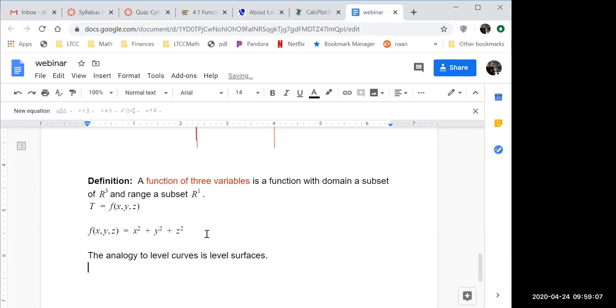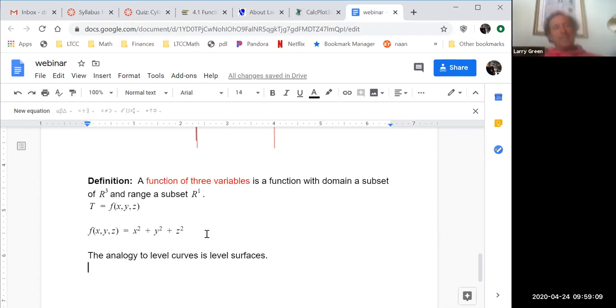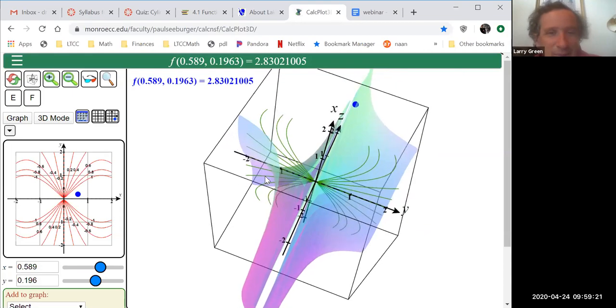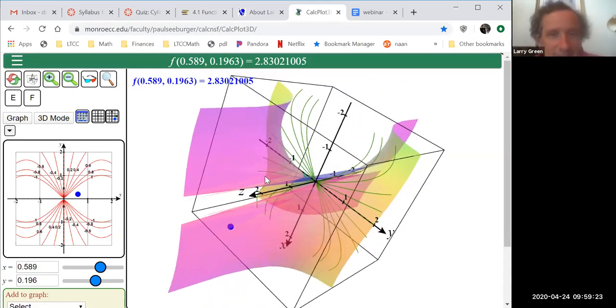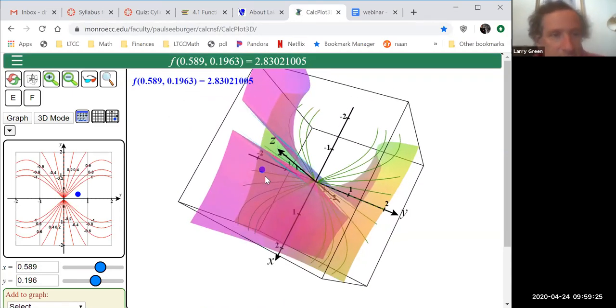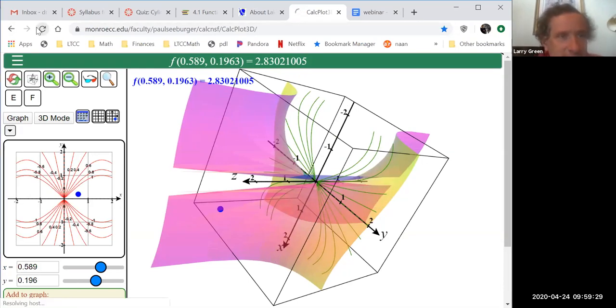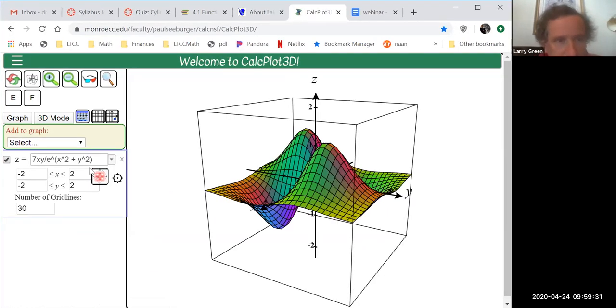Okay, now I am definitely not a good enough artist on a computer or even on paper or the board to do good level surfaces, but I'm very good with computers. And hopefully you're at least okay with computers, because that's an important skill to have for the STEM world. Okay, so what I can do now, I'm going to refresh this just so I can start over. I can just draw them.